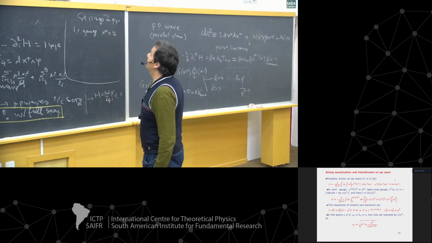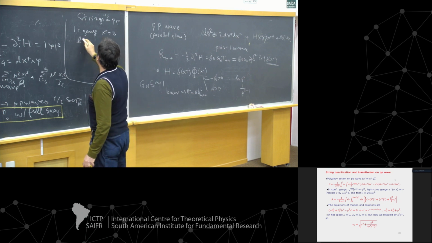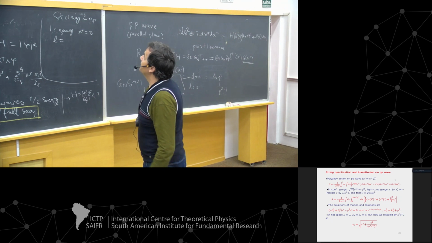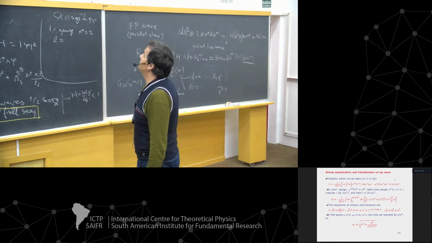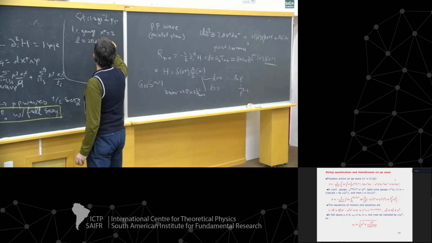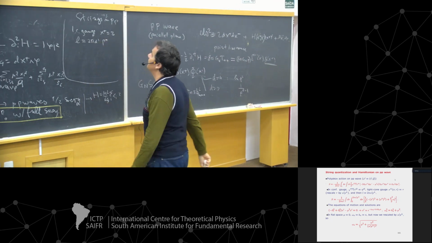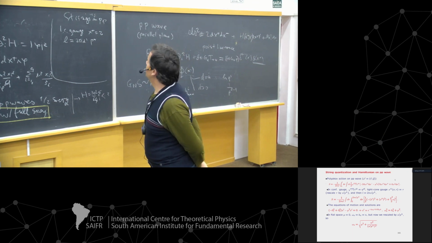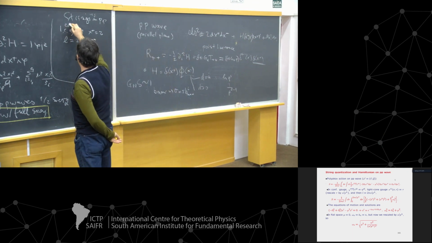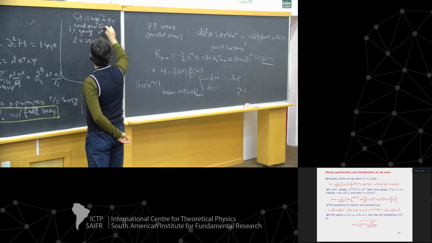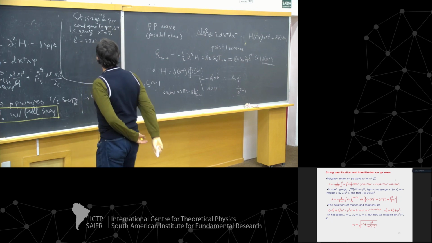Then from this one obtains that the length of the string has to be related to p plus. And finally, we have also, as before, the conformal gauge, square root gamma gamma alpha beta is delta alpha beta.